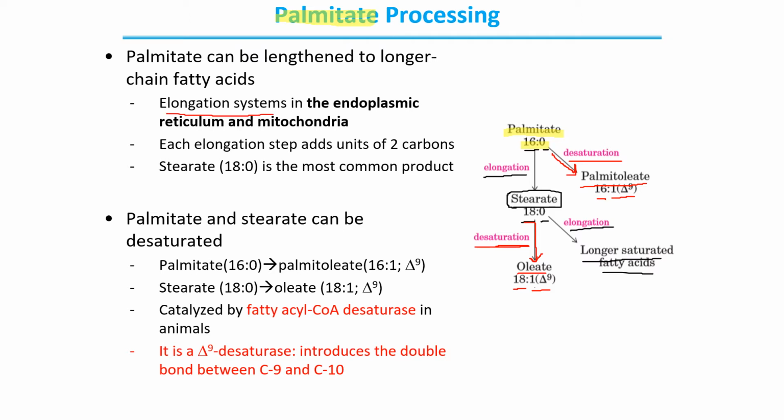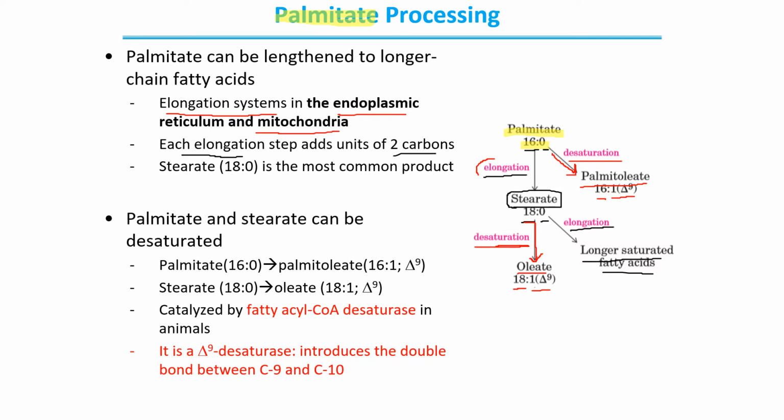Elongating systems are usually present in the endoplasmic reticulum and the mitochondria. So this elongation, adding carbons, is usually done by the endoplasmic reticulum and mitochondria, and each elongation adds 2 carbons, as I just mentioned.